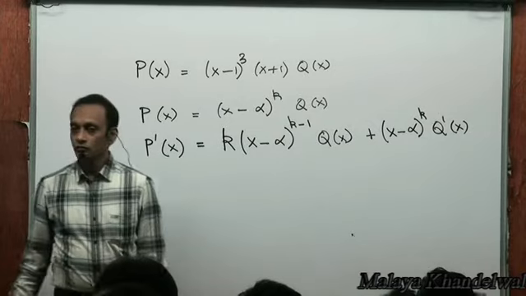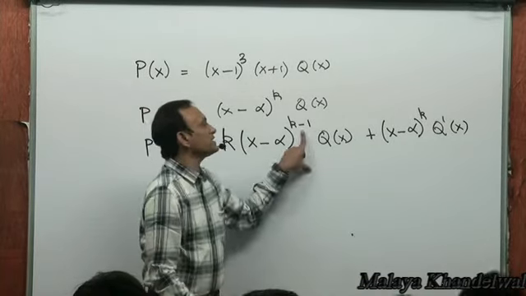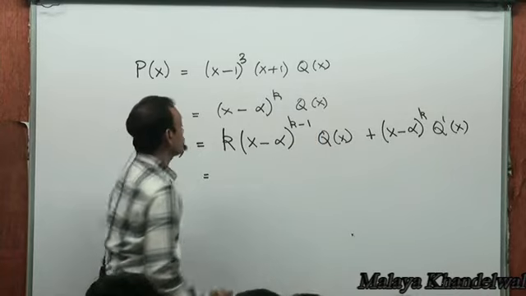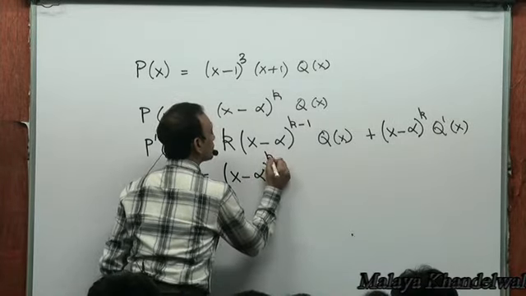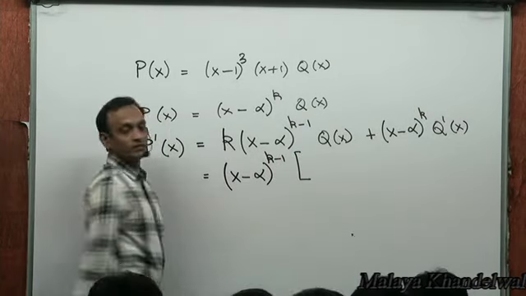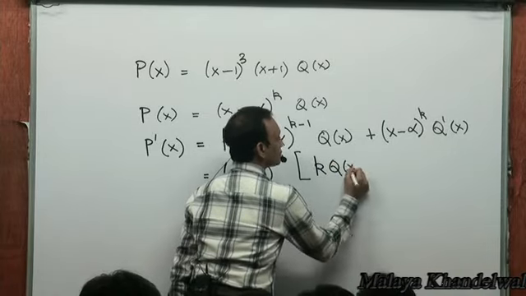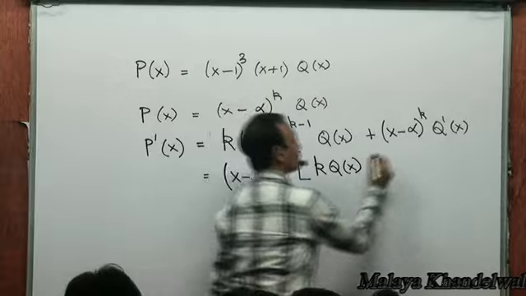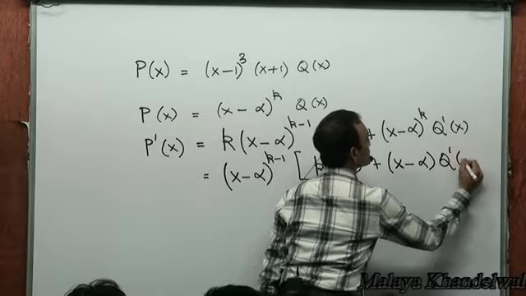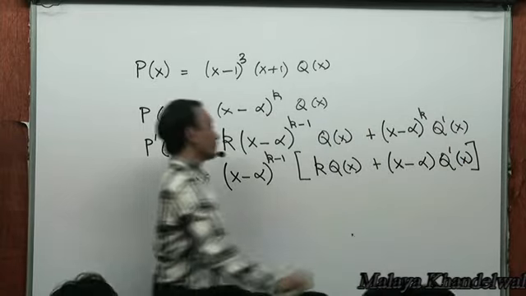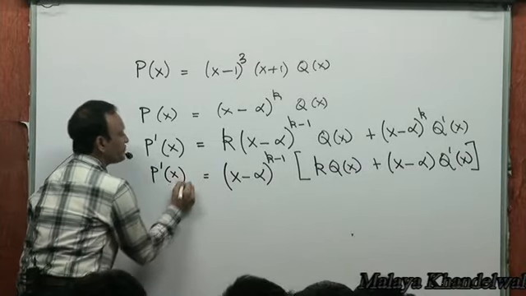Product rule of differentiation. Now from this, I could have taken (x minus alpha) to power k minus 1 common. Then what I am left with in the parenthesis is k times q(x) plus (x minus alpha) times q dash x. Yes or no? Right? That's the derivative function. p dash x is the derivative function.